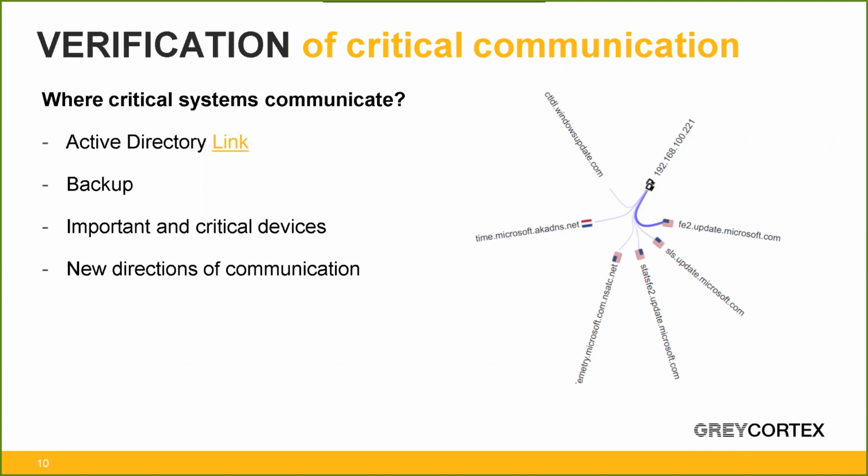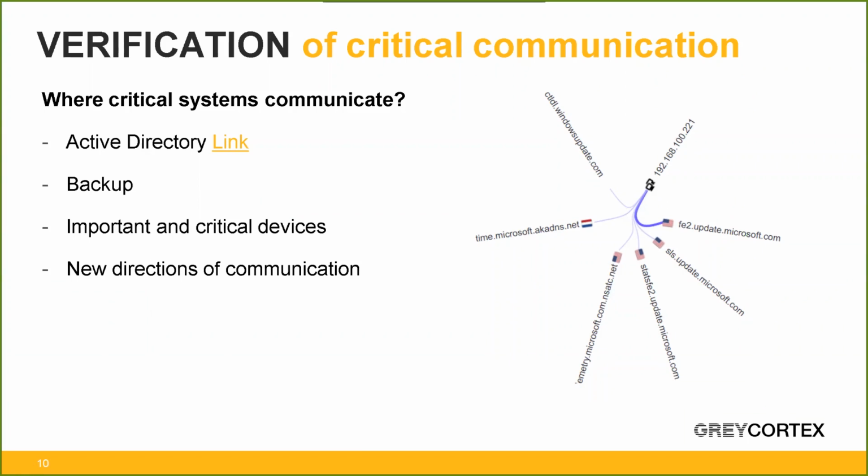It can be servers that are hosting backups of your critical data, or it can possibly be some other critical devices, like if we were talking about hospitals, systems that are, for example, taking pictures like X-rays, or PACS systems that are storing those images to databases.